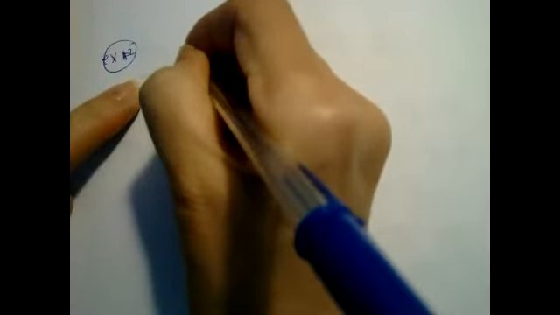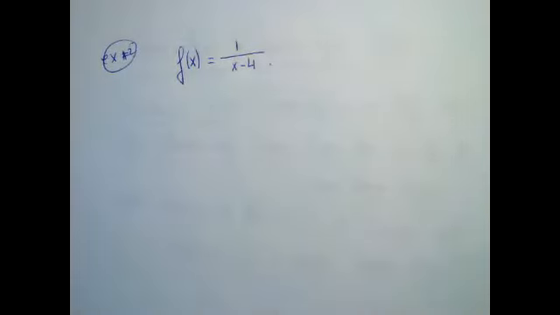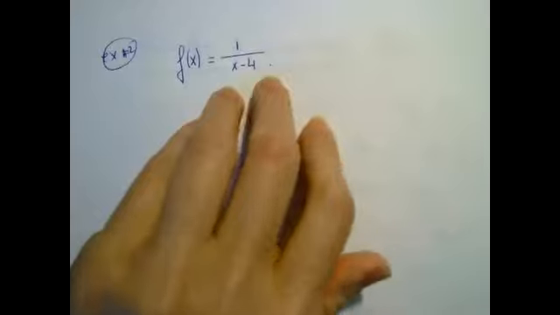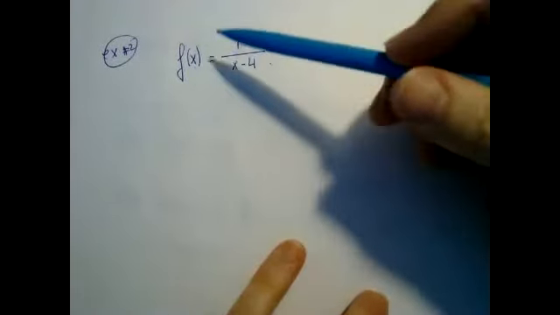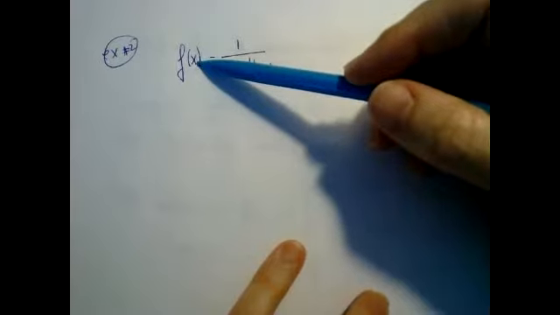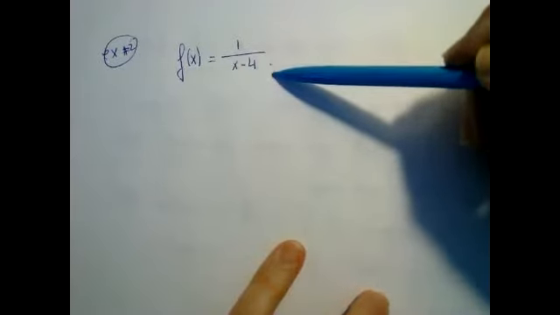So example number 2, and there are going to be tons of those. Suppose I take f of x equals 1 over x minus 4. What is the domain? It means what are the values that I can input for x, and f of x will really yield a number.